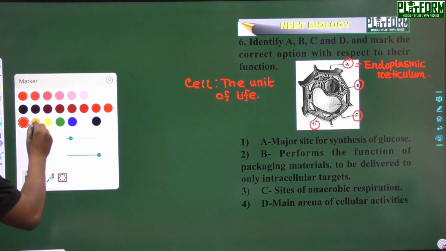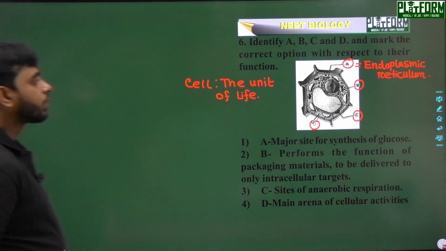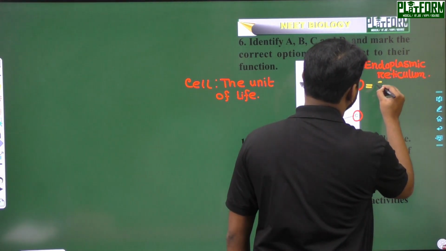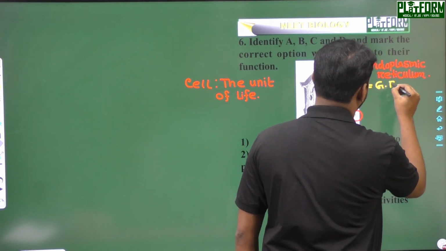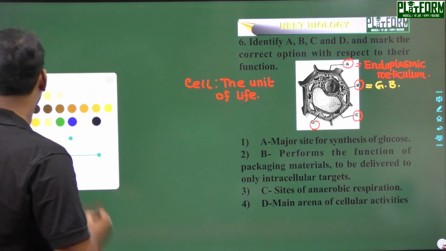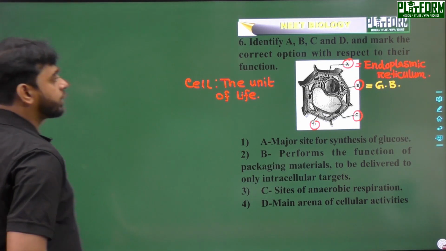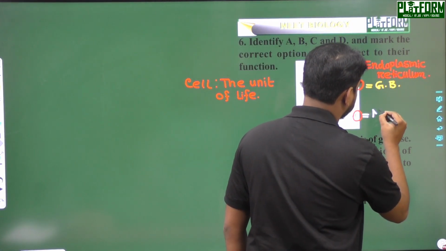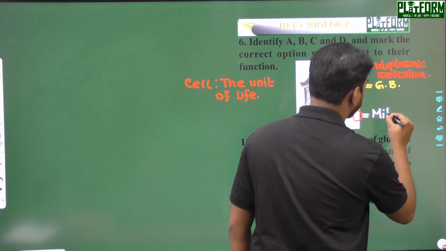Okay. Next, what is B? B is a Golgi body, GB. What is C? C is mitochondria.